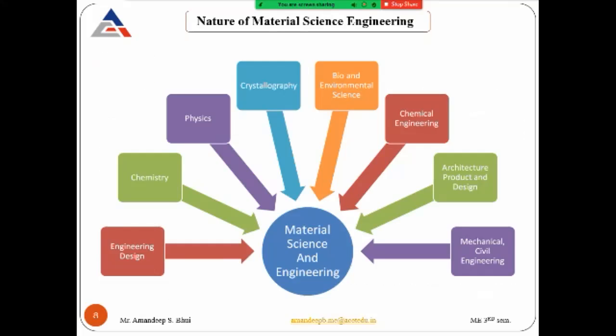Next, if we talk of the nature of material science and engineering, it is actually a combination of engineering design, chemistry, physics, crystallography, bio and environmental sciences, chemical engineering, architecture, product design, and mechanical and civil engineering.